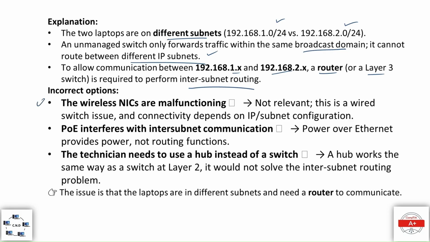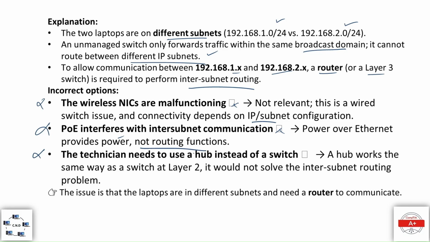So the incorrect options are: the wireless network interface cards are malfunctioning. This is not relevant. This is a wired switch issue and connectivity depends on IP and subnet configuration. PoE interferes with inter-subnet communication. Power over Ethernet provides power and it has nothing to do with routing function.